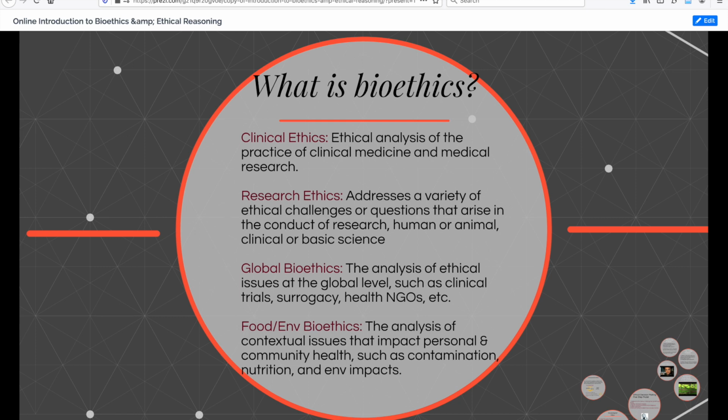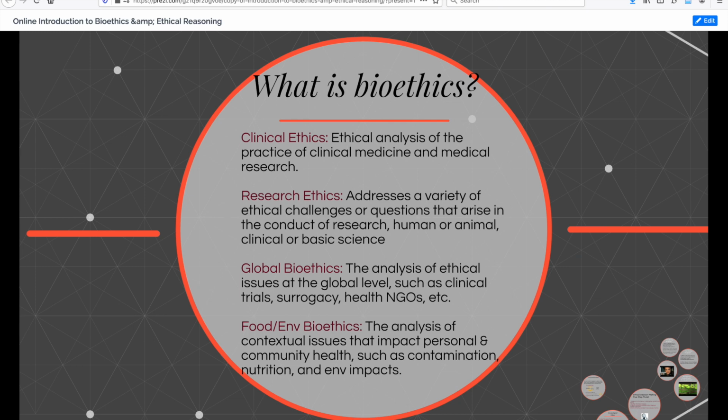There's also issues concerning surrogacy and international surrogacy, and the rise and development of non-governmental organizations and their push to provide adequate health care, not only in specific country contexts, but around the world, such as with Doctors Without Borders, for example. And we also have work on what an international response would look like to pandemics. And that falls under global bioethics as well.